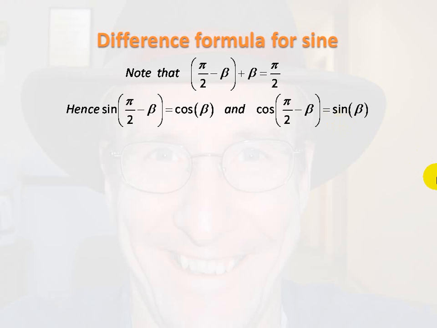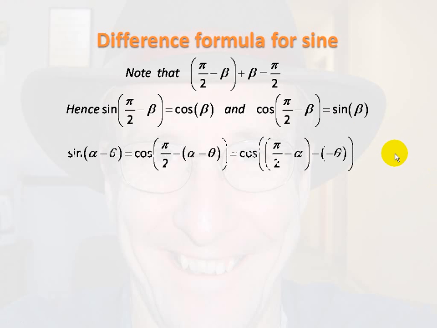So we want to make use of that in deriving the difference formula for sine. Here we go. We start off by writing, let's see what the difference formula would be. Sine of alpha minus theta. Well, that's obviously equal to the cosine of pi over 2 minus alpha minus theta.